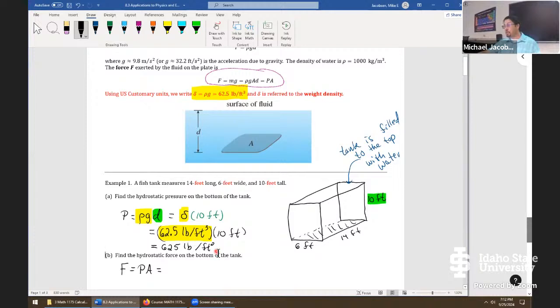So coming down below, we'll substitute in the value for the pressure, 625 pounds per square foot, multiplied by the area of the bottom of the tank that we're looking for. That's a better way to say it. The area of the bottom of the tank is 6 feet multiplied by 14 feet. We'll throw all that into the calculator. Any questions at all, folks? I'm writing down the force equation.